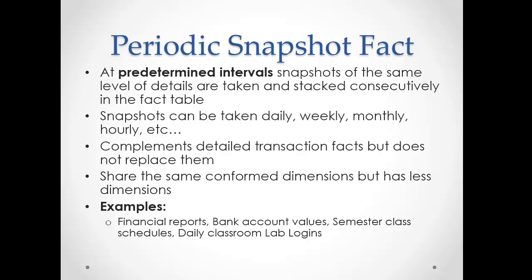Maybe it's every 5 seconds, maybe it's every month, every week, every hour. This can serve as a nice summary to a transaction fact table, but it doesn't necessarily replace a transaction fact table. An example of this might be a financial report or bank account values, class schedules in a semester, when people log into the labs, that kind of stuff.